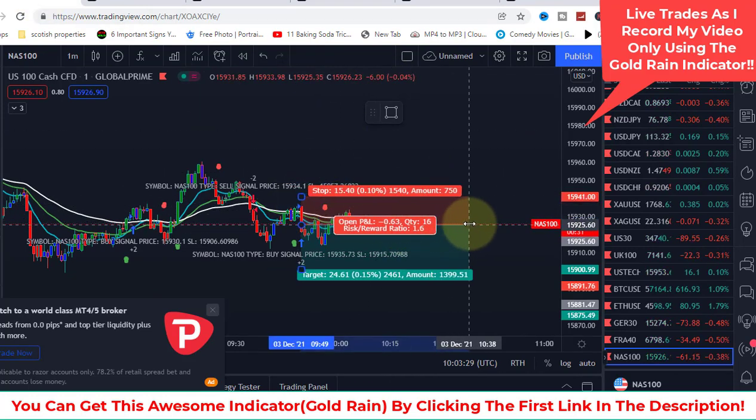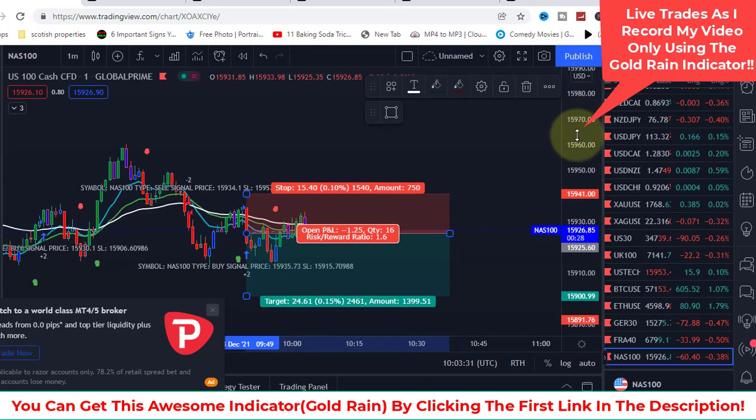Again, this is just solely using this indicator, guys.